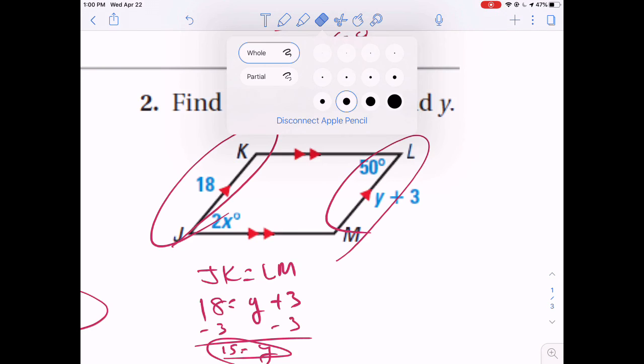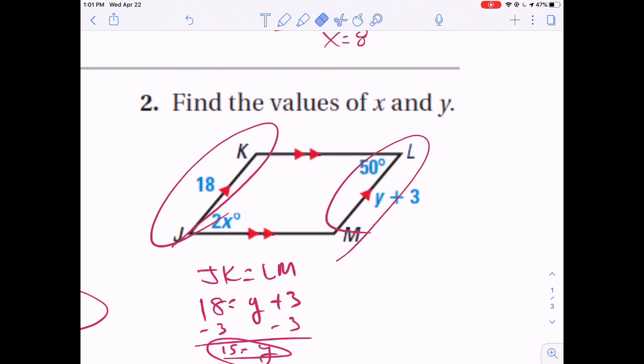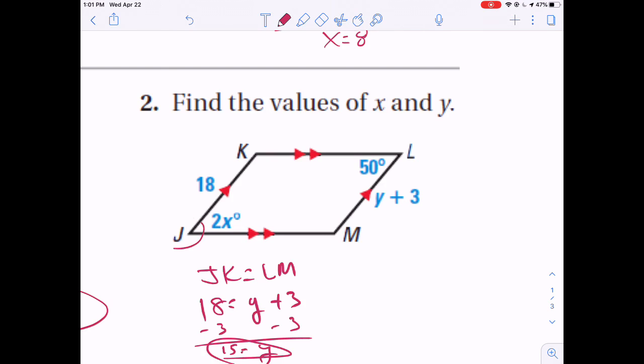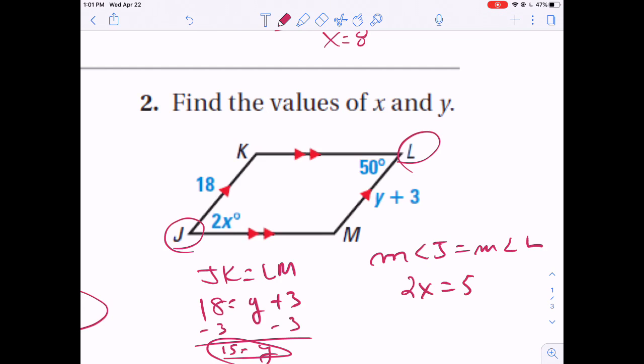For the angles, we know that angle J equals angle L, so the measure of angle J equals the measure of angle L. J is 2x, and L is 50. No subtraction this time, but we're going to be dividing. Divide by 2, and x equals 25. All right, folks, a couple of problems for you to try, using both of these theorems of opposite angles being equal and opposite sides being equal. Have fun.